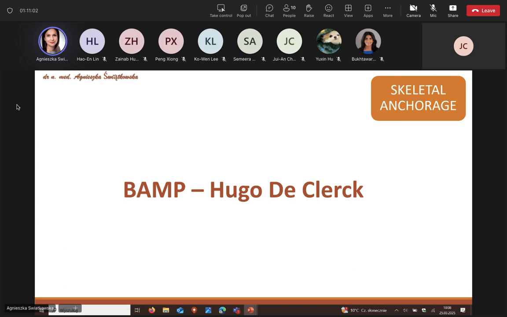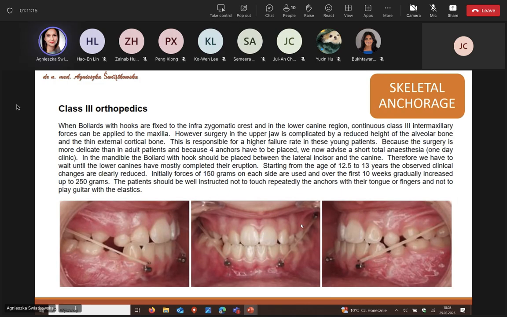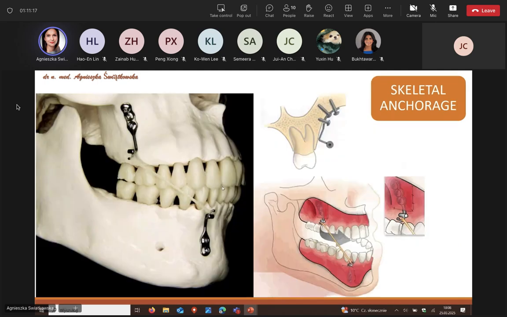What does this mean? B, bone anchorage maxillary protraction. Hugo de Clerck found the bollard plates, miniplates, like this. And here we have 3 screws, 2 screws.